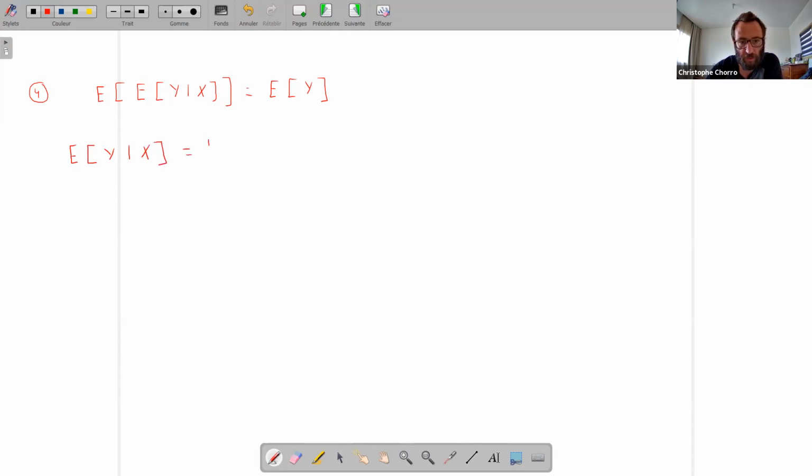First, I know that it is a function of capital X where psi of x is given by the sum over y belonging to R of y times p of y given capital X equal to small x. So it's a function of x.